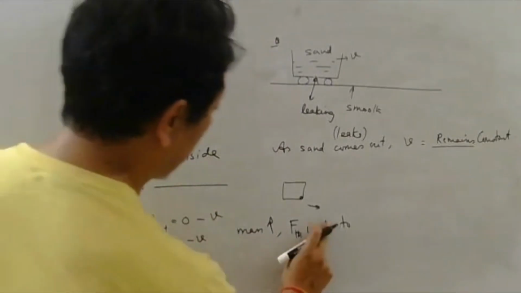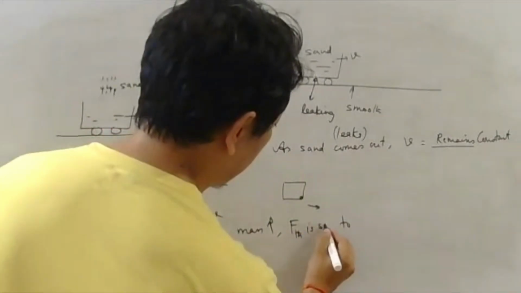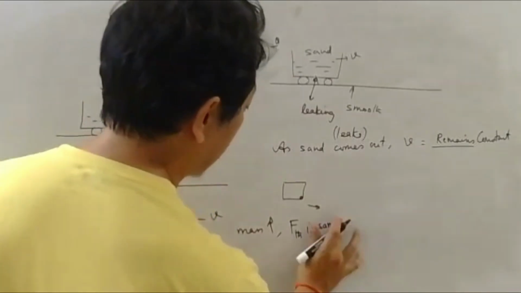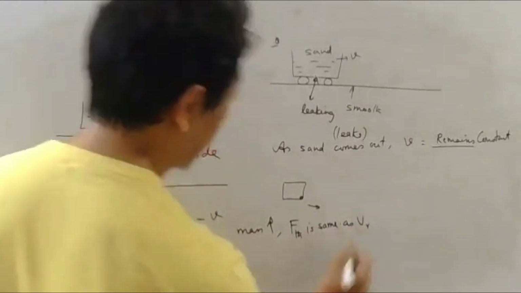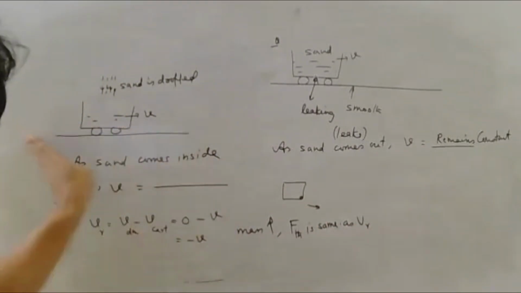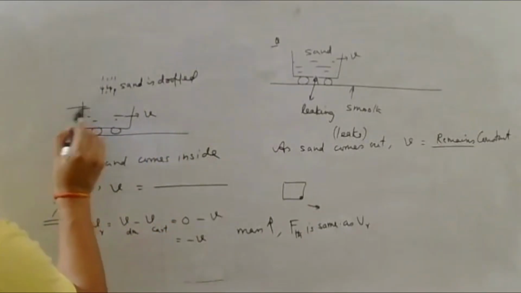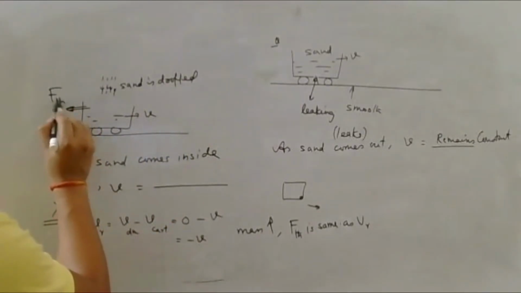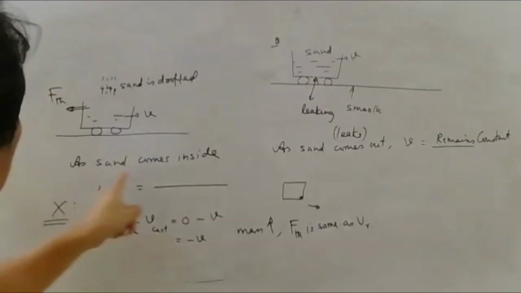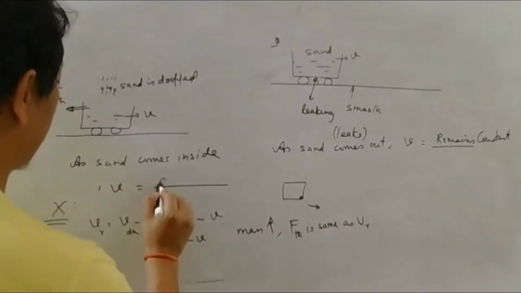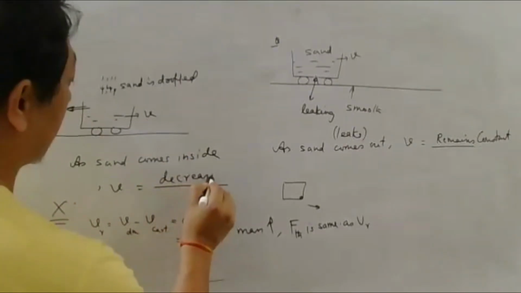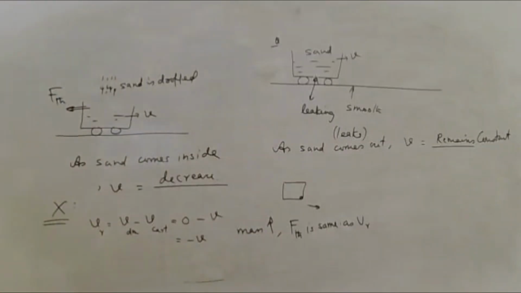Here you are gaining mass, so thrust force will be in the same direction as relative velocity. Relative velocity is minus, meaning this side, so thrust force will also be this side. So now if thrust force is this side, what will happen? As sand comes inside, V will decrease. Similar question but different answers.